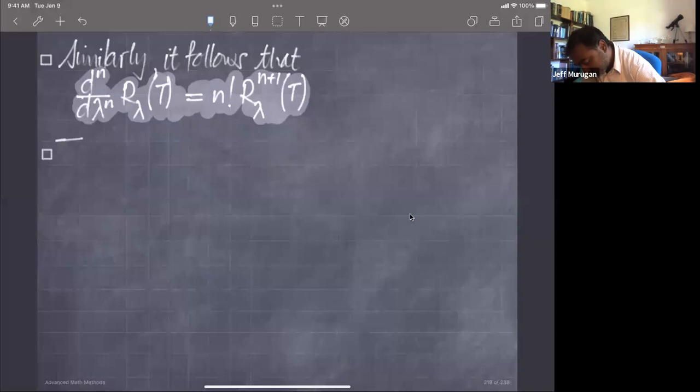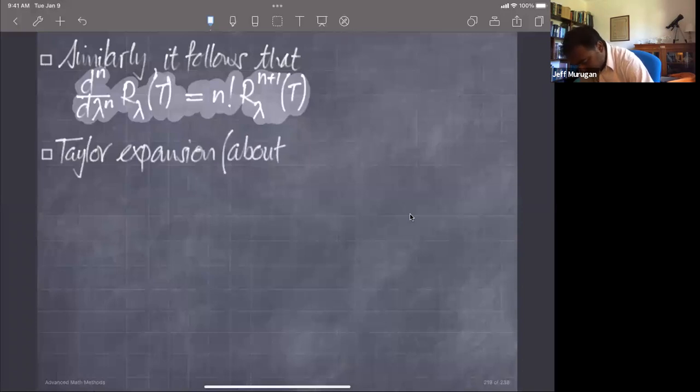So the Taylor series expansion about mu of the resolvent R lambda of T is the following.